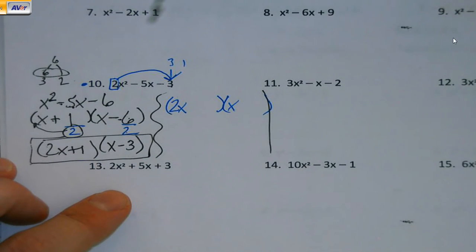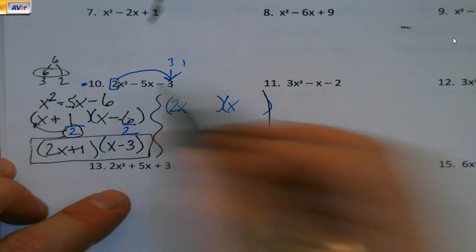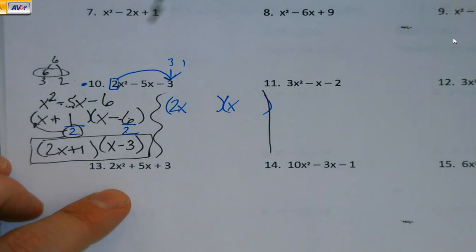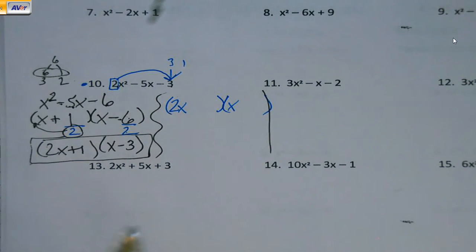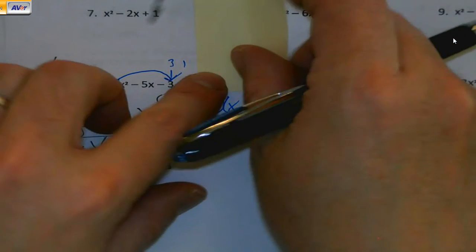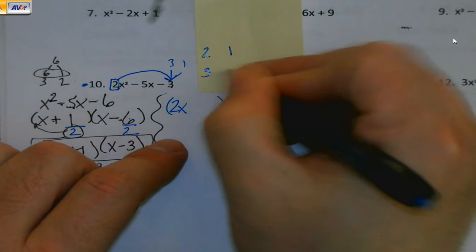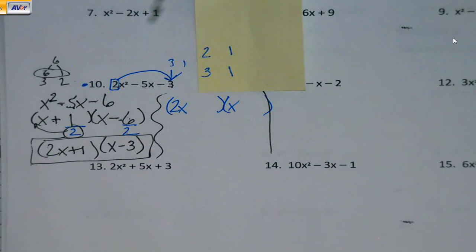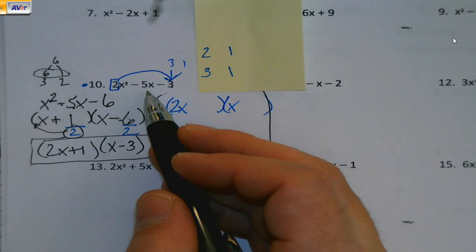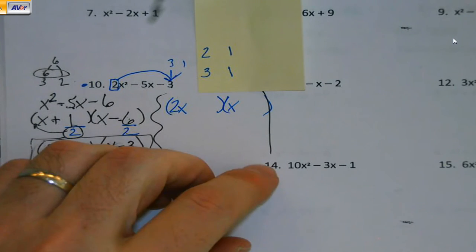So the question now is just going to be, okay, since it's negative, there's going to be one positive and one negative. So what I'm basically trying to do here, if I go into my guess and check mode, is saying, okay, I've got 2 and 1. I've got 3 and 1. Which way can I combine them that I'm going to end up with this negative 5?